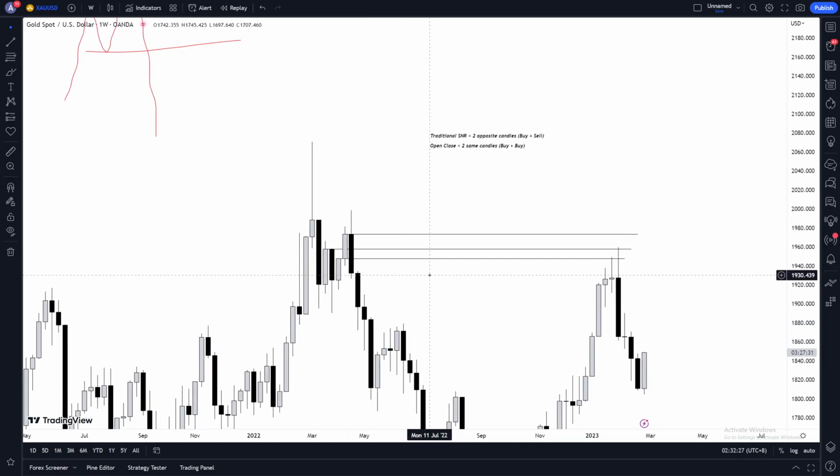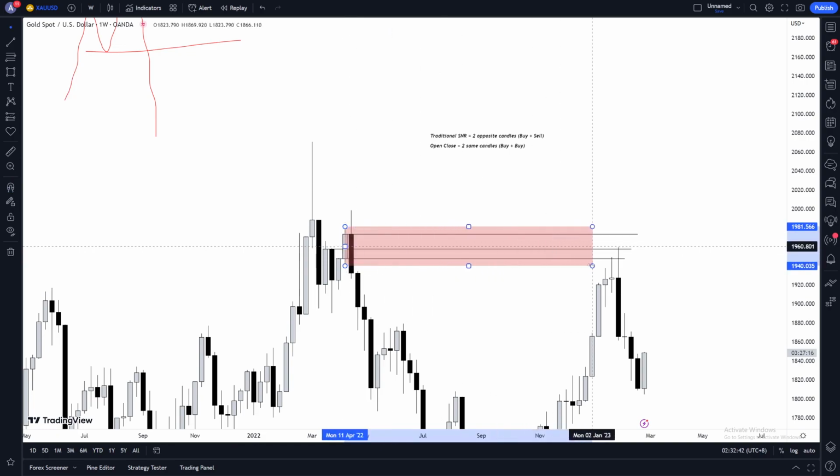Because I've learned that, now write this down, the best open close POI on higher time frame. So we're dealing with what? Monthly, weekly, daily, right? The best open close to deal with is the one within an engulfing candle, or OB, engulfing candle, OB, whatever you want to call it. Is the one within there.